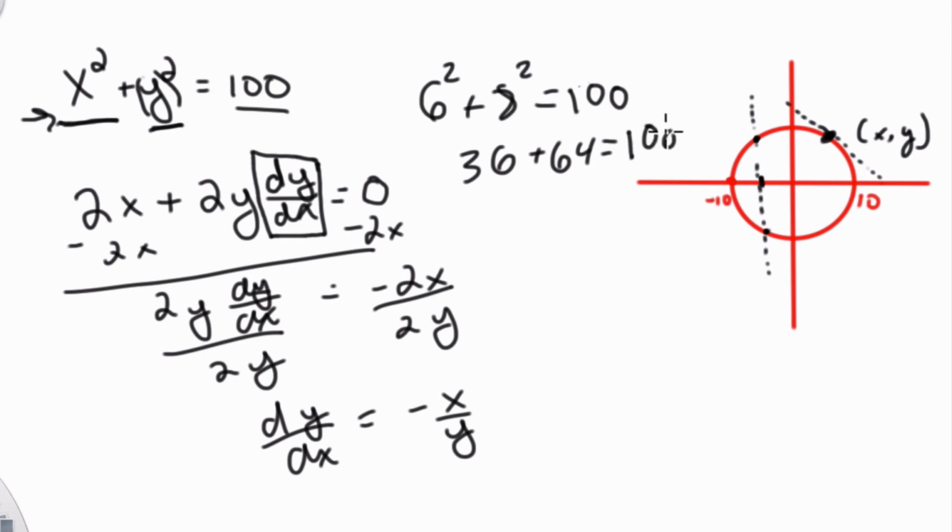So that checks out. So at the point 6, 8, and many other lattice points or integer points, you're going to get a point that works.